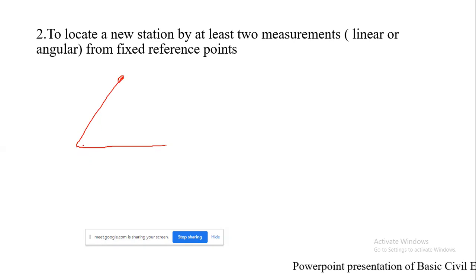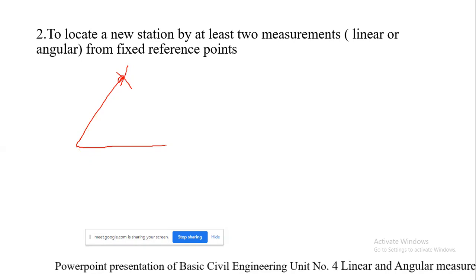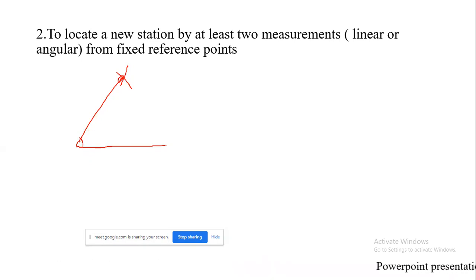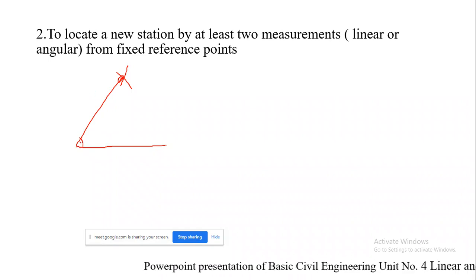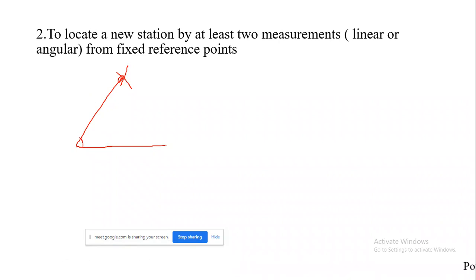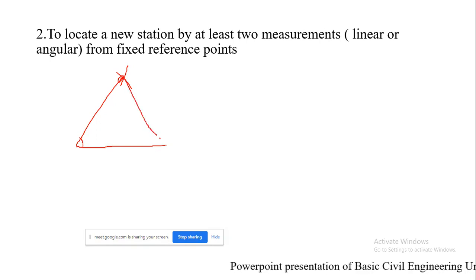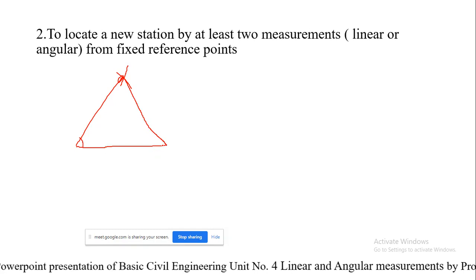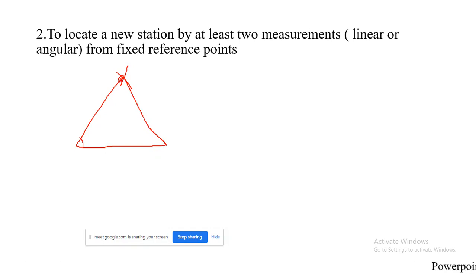You can put an arc from this side and another arc from this side. Or if you know the angle and this length, you can mark it over the projected line and join it. That is how new stations can be located.